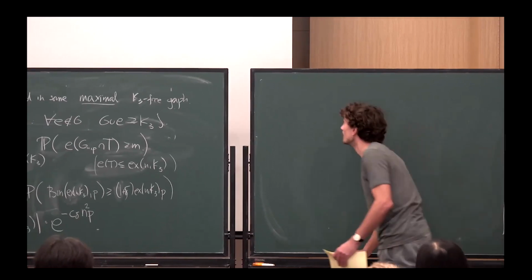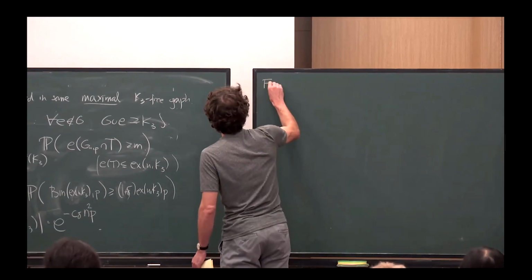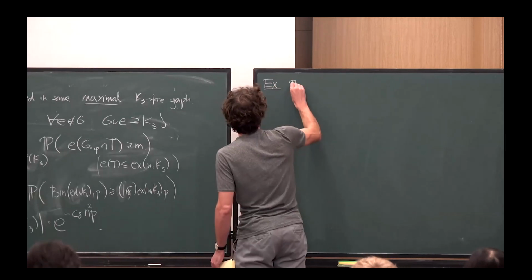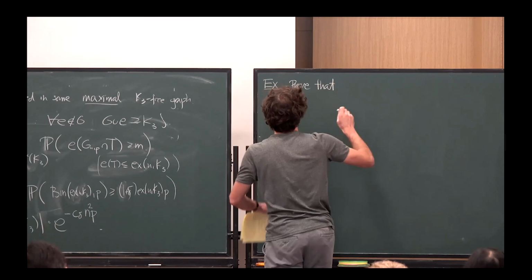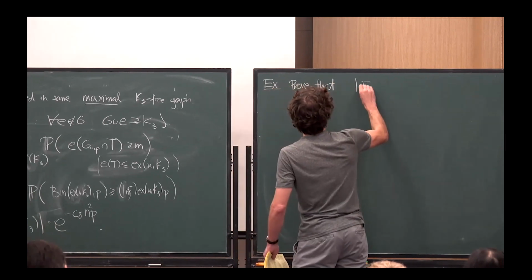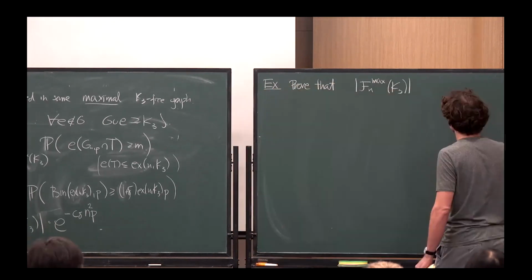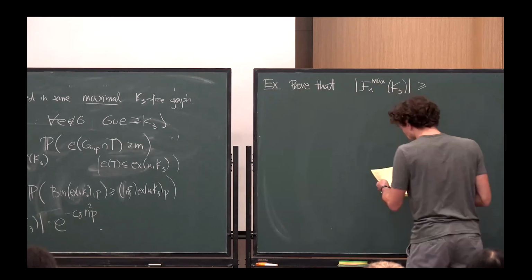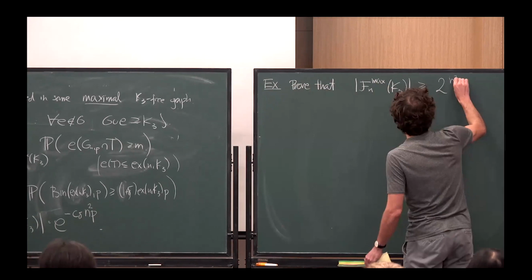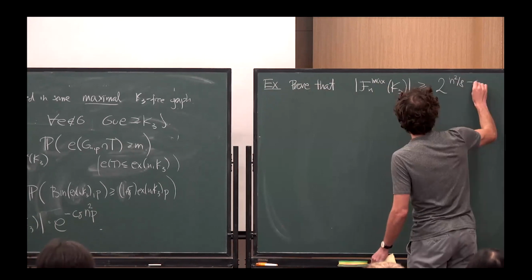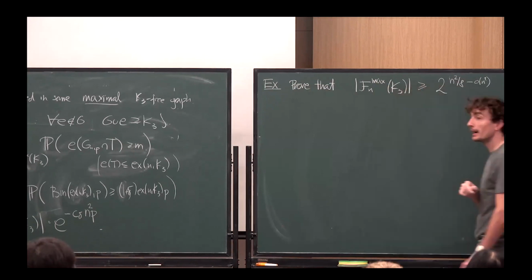Prove that the number of maximal triangle-free graphs on n vertices is at least exponential in n squared over 8 minus little o of n squared.